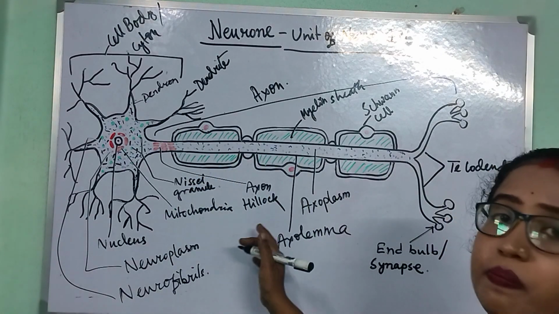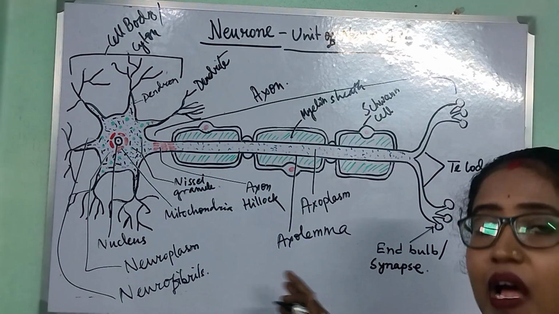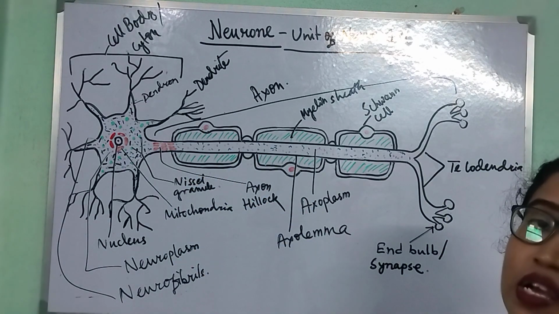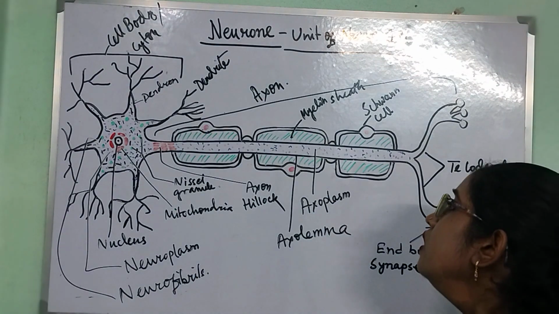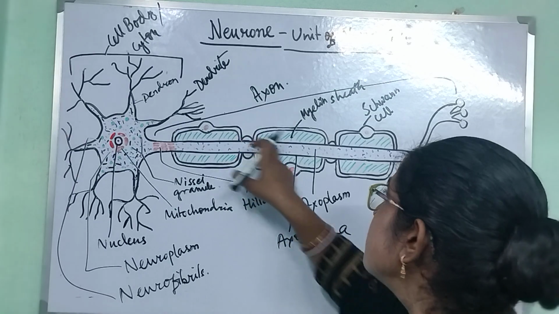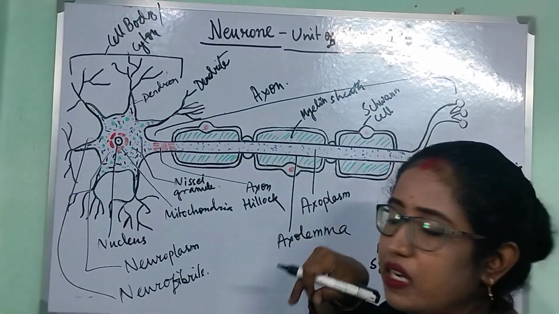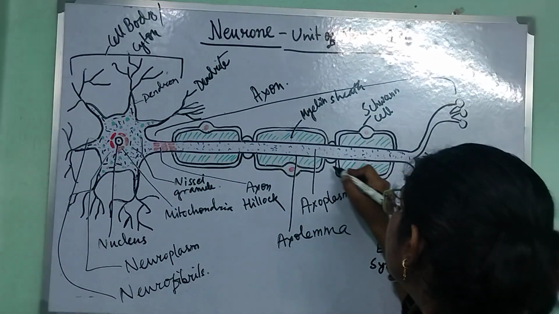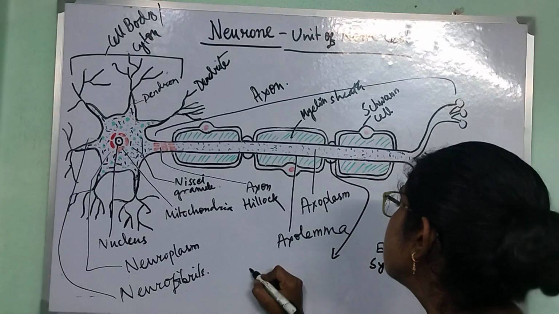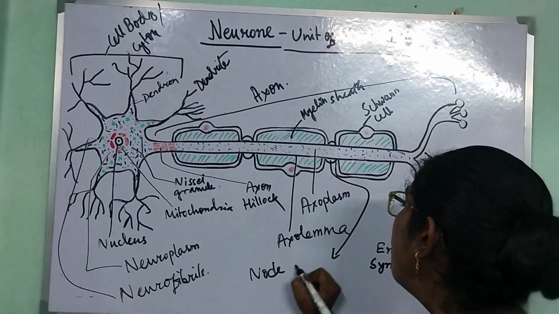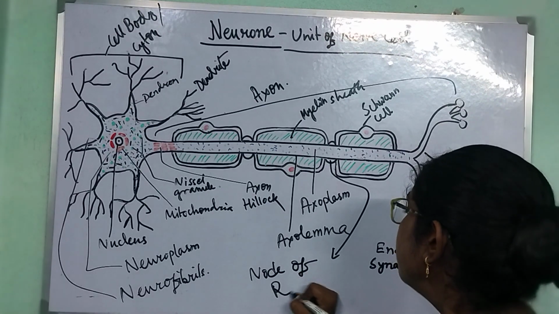The electrical impulse moves faster in a myelinated axon than in a non-myelinated one. There is a small junction between two myelin sheaths, and this junction is known as the node of Ranvier.